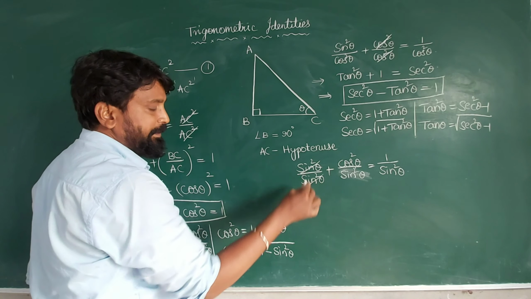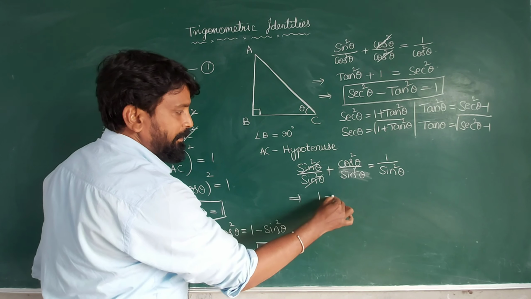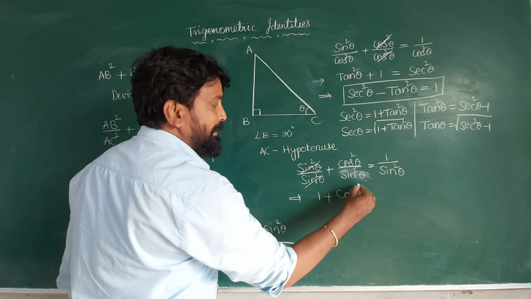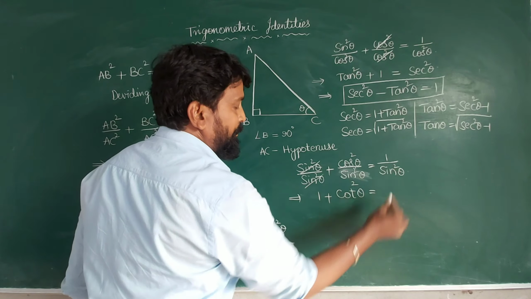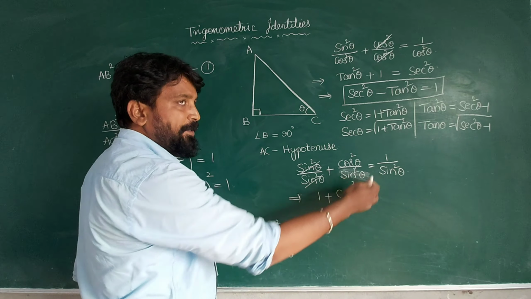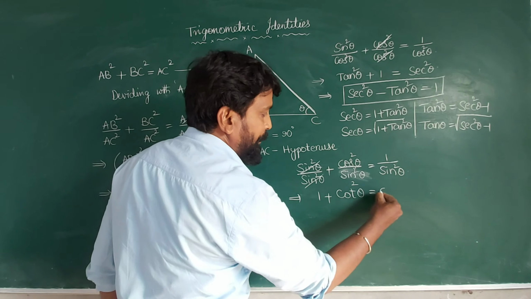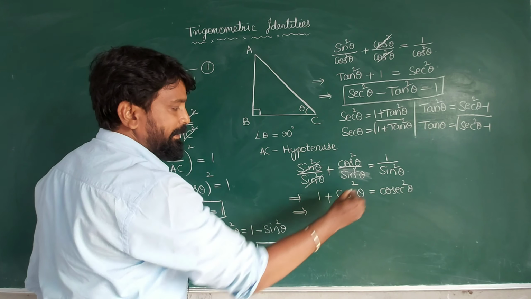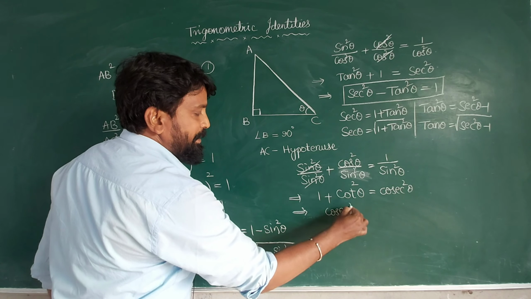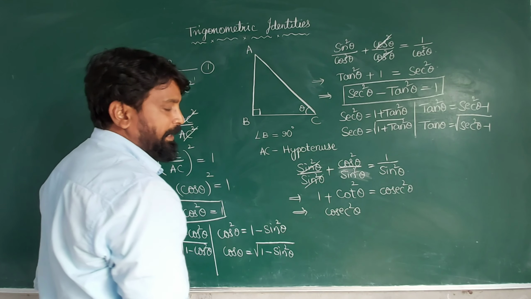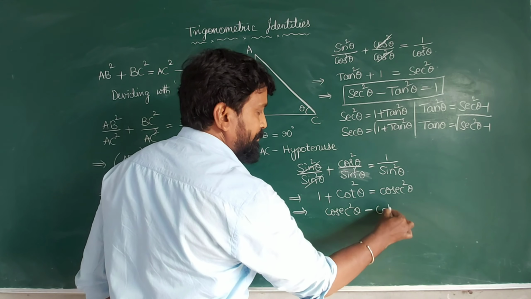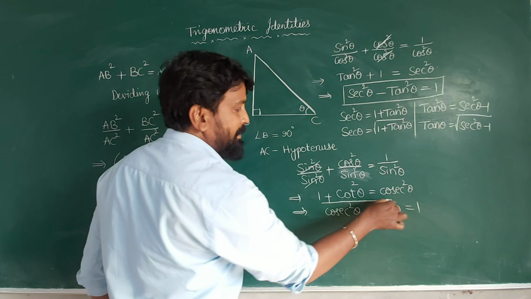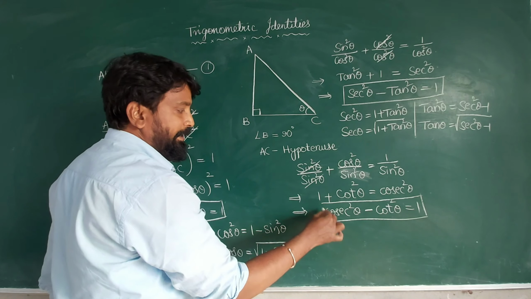Sin square theta will get cancelled. 1 plus (cos by sin theta, which is cot theta) whole square, right? So 1 plus cot square theta is equal to 1 by sin square theta. 1 by sin is the reciprocal, cosec, so cosec square theta. Here you can write cosec square theta, transpose cot square theta to the right side. It becomes cosec square theta minus cot square theta is equal to 1. This is the third trigonometric identity.